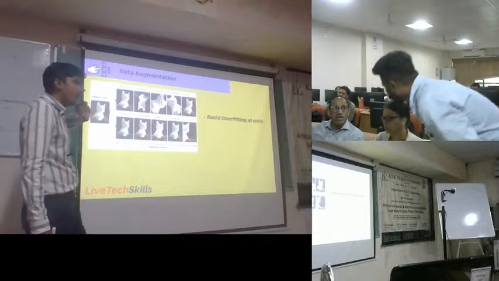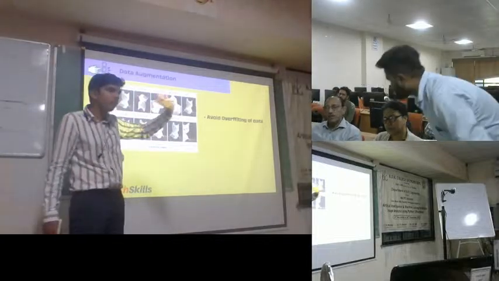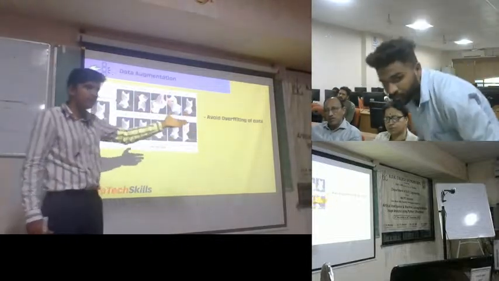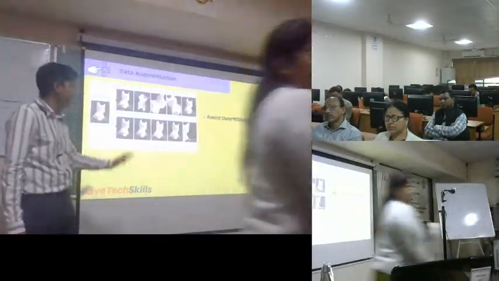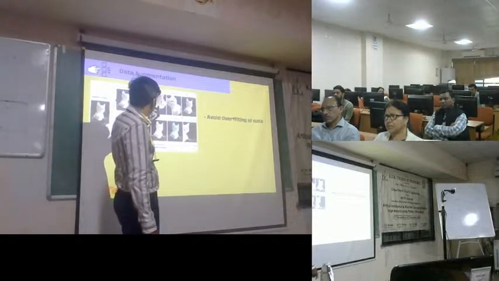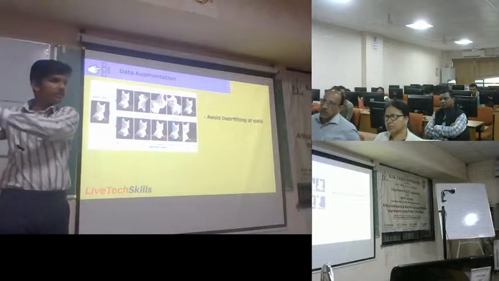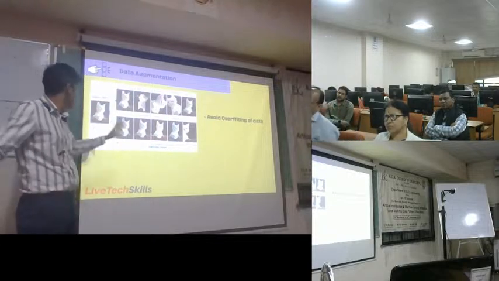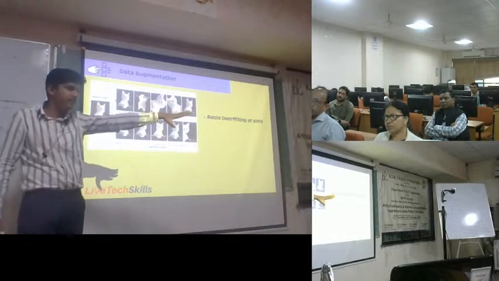Our model will only work on what we give it. Say there are 4 to 5 pictures of a cat we are giving for testing, and suppose in the training image the cat is looking towards the right, and here we give an input where the cat is looking towards the left-hand side.